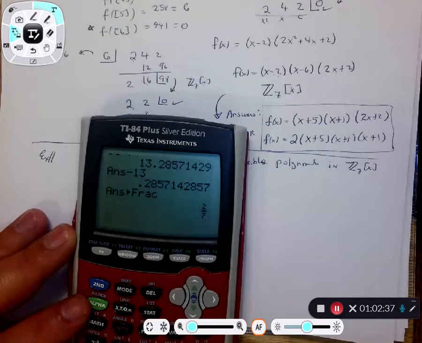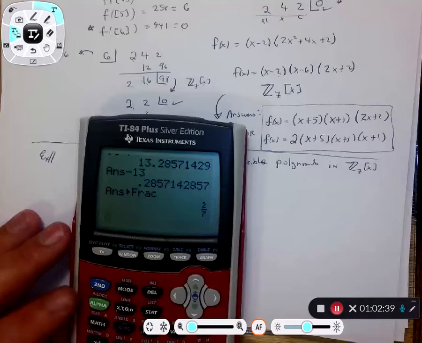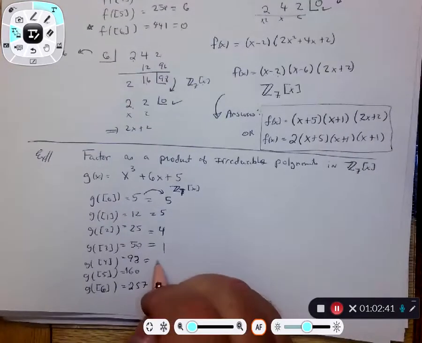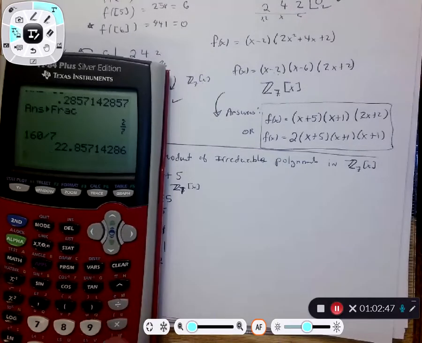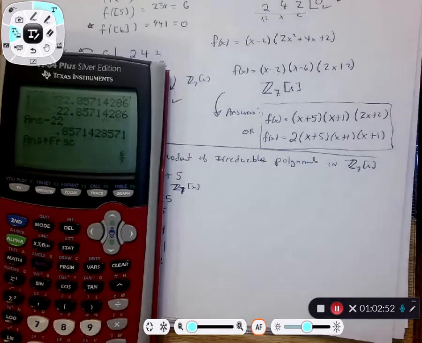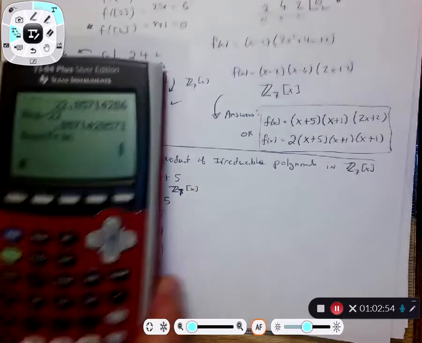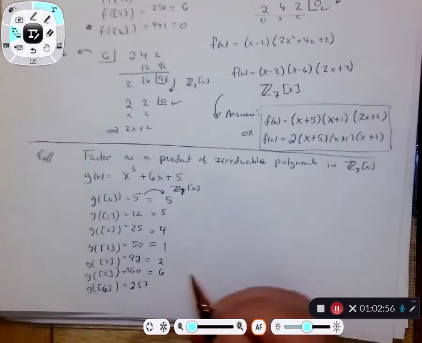It's 2 out of 7, so the equivalence class is going to be 2. 160 divided by 7: subtract off the whole part of 22, and converting it over to a fraction, 6/7. So the equivalence class would be the numerator, 6.